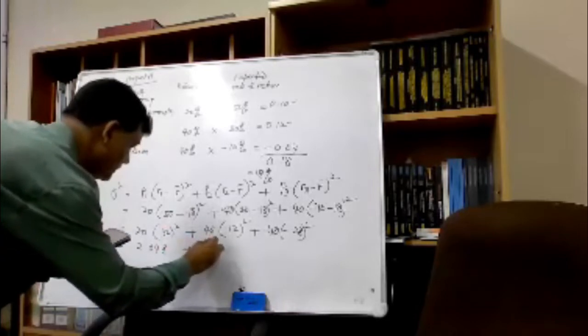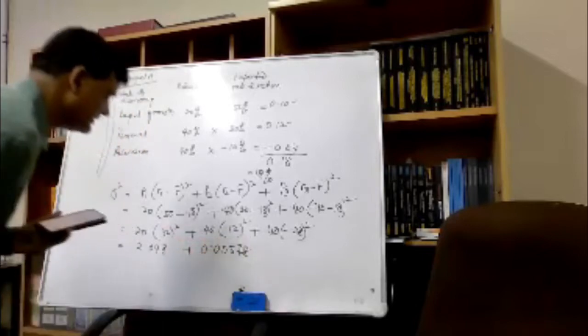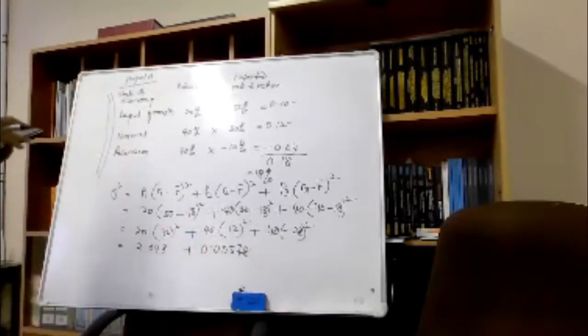It's 0.00578. Is it correct? 0.32 multiply 0.32 multiply 0.2.